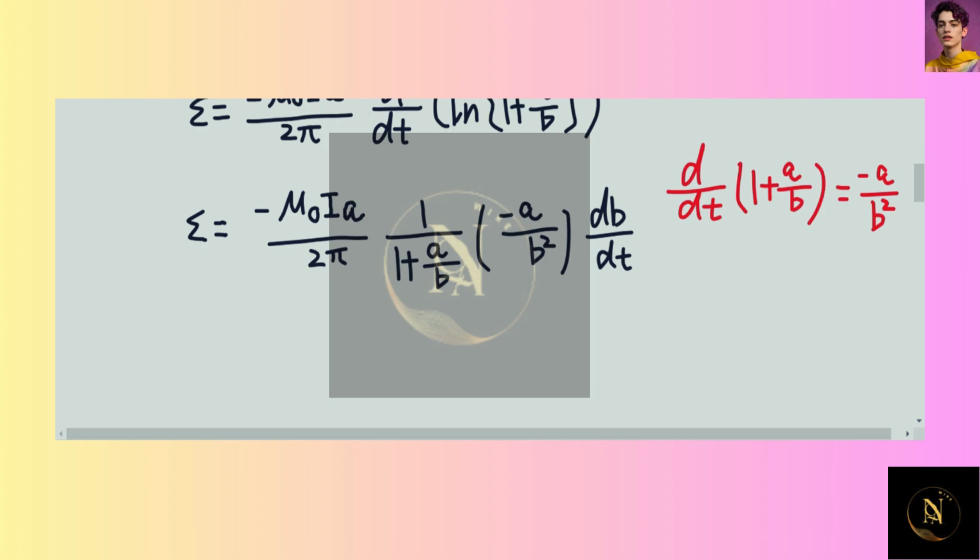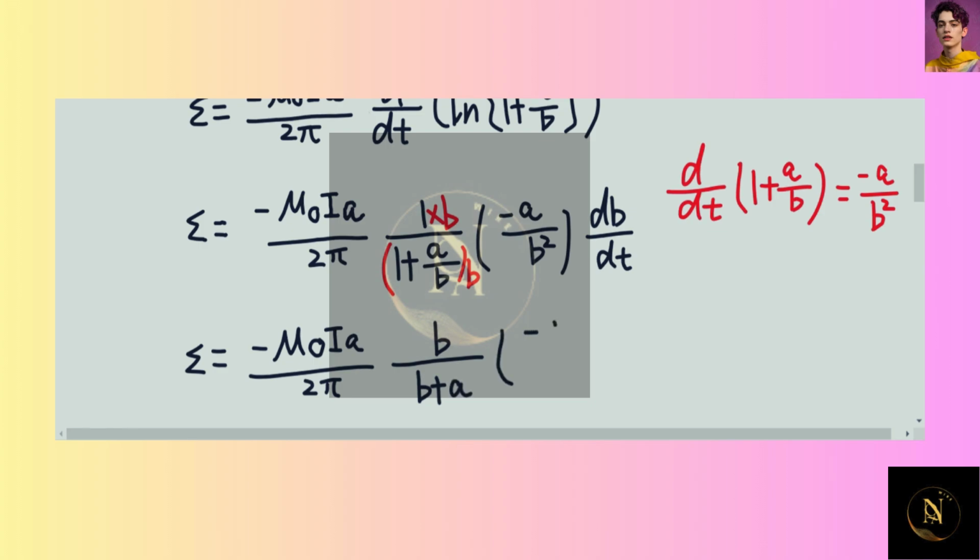So we have negative mu0 I A over 2 pi times, and here we can just multiply by b on top and bottom, so we keep the values the same and simplify it. So we have b over b plus a, and then times negative a over b squared, and remember db over dt should be the horizontal velocity, so we just put v here.